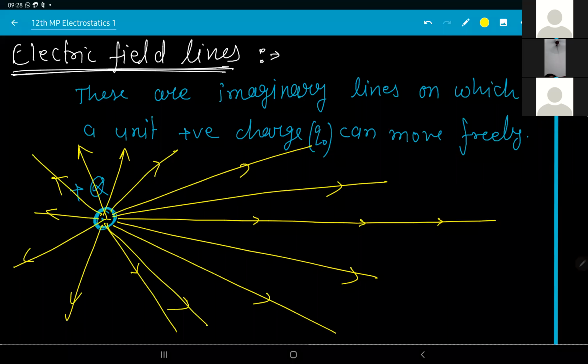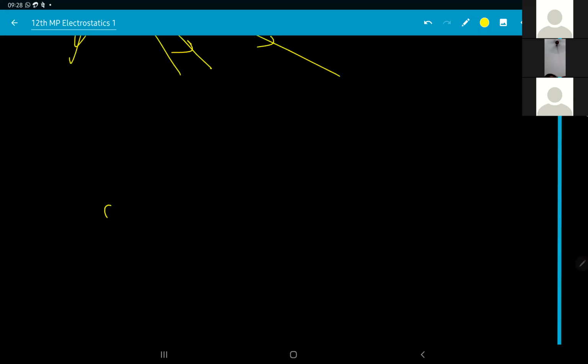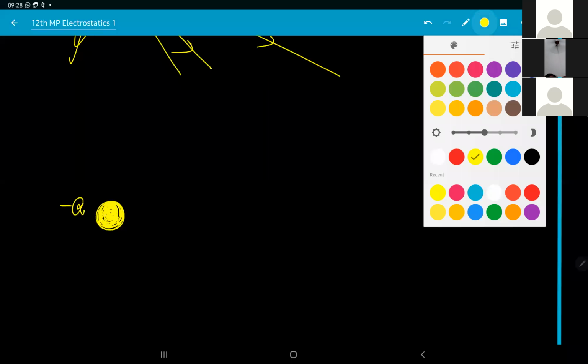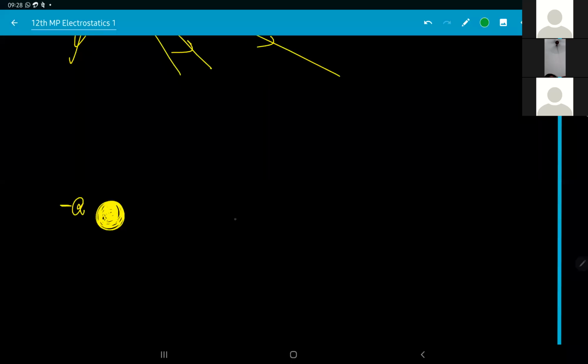And if I say here we have a negative charge, minus Q, and we need to find the direction of the electric field. Suppose I place a unit positive charge here, then what would be the direction? First and second, which is correct?